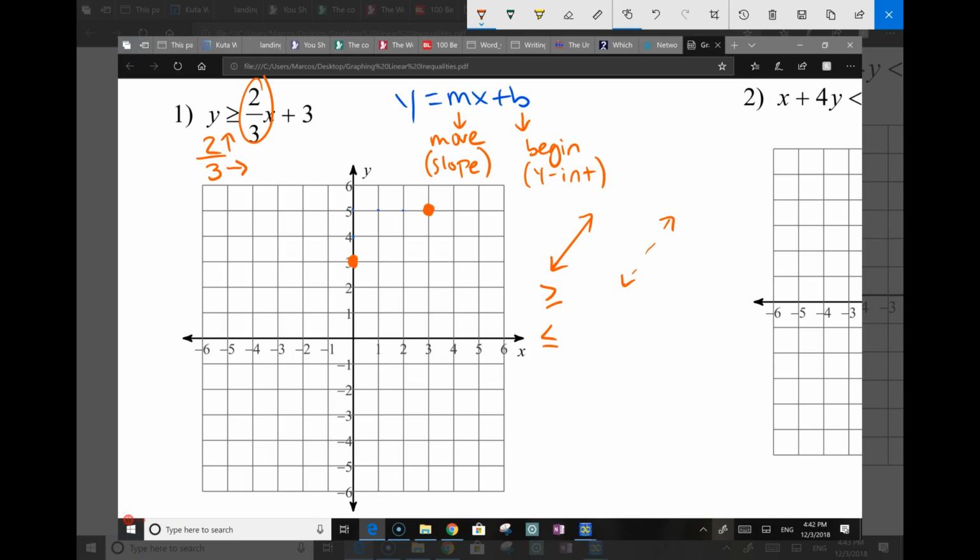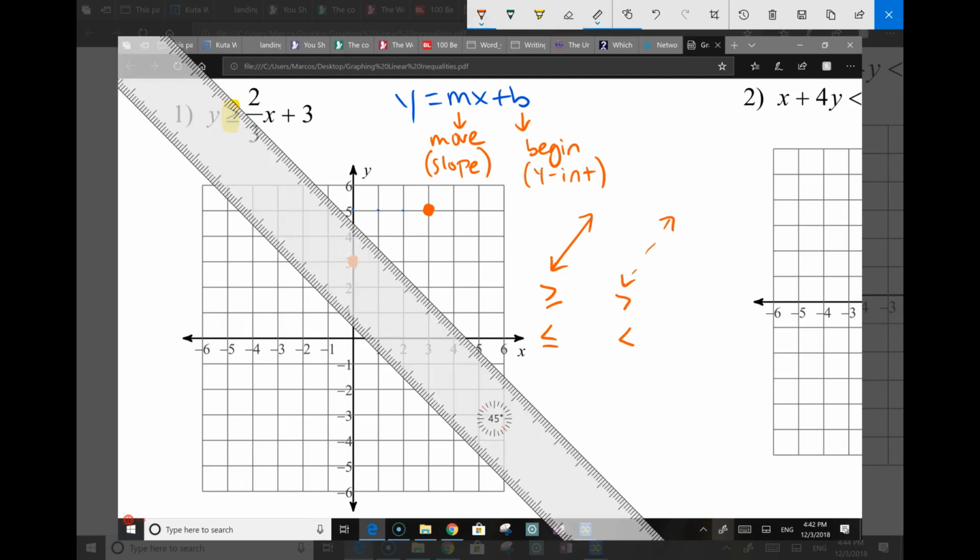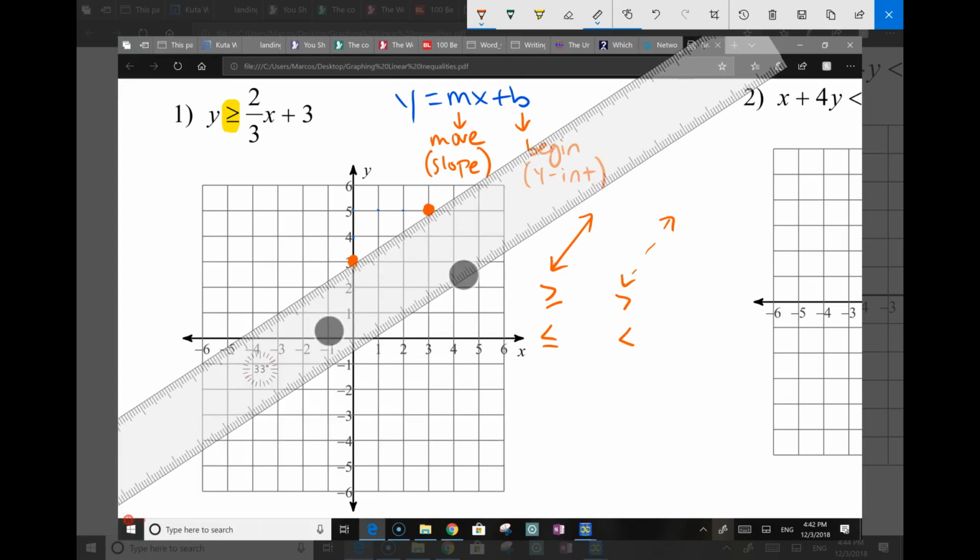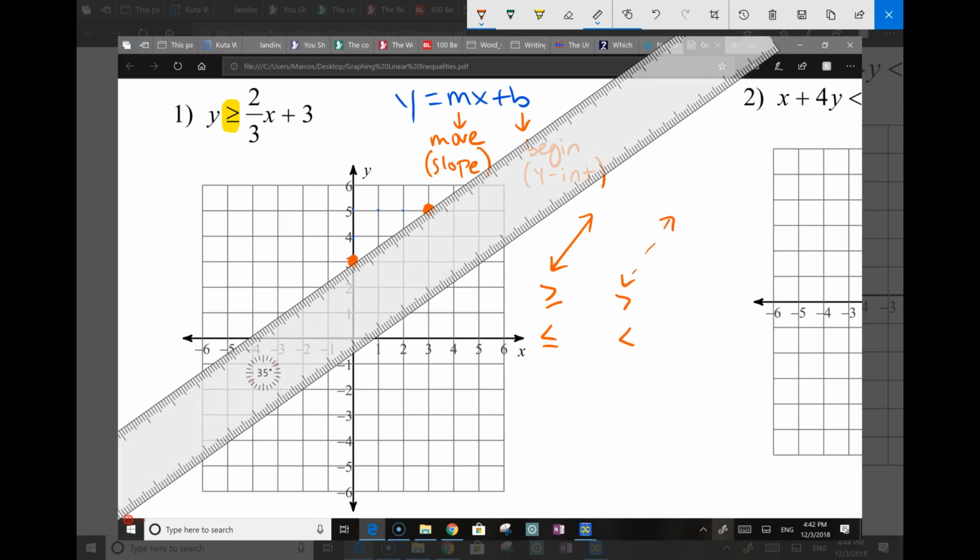But for the broken lines, you'll have greater or less without the equal part in it. So in this case, if we look carefully, we can see that I do indeed have my inequality as greater or equal to, and because of that, I have to make a solid line. So that would be something like this. So here's my solid line.